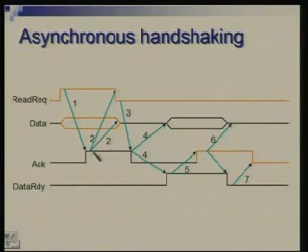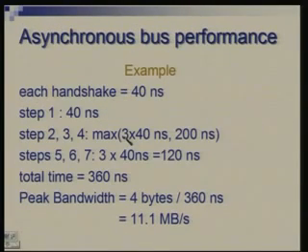minimum as far as the bus protocol is concerned is 40 plus 40 plus 40, 120 nanoseconds. But this is the time memory also has to be allowed to get its data. So we are saying that it is the max of these two quantities, 3 times 40 and 200 nanoseconds, which in this case happens to be 200 nanoseconds.